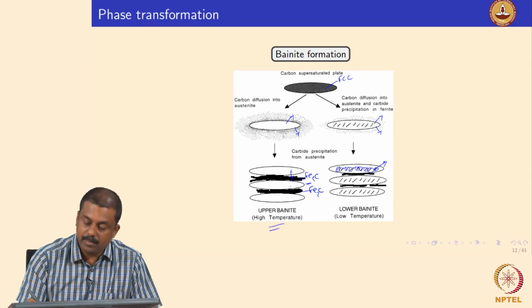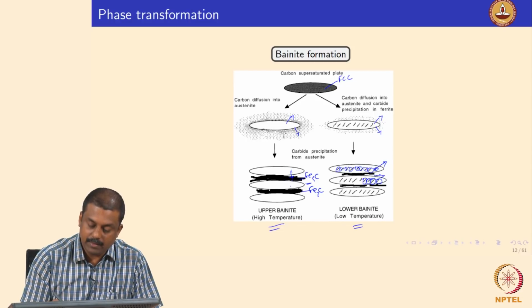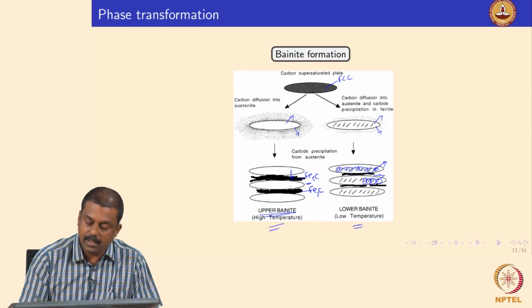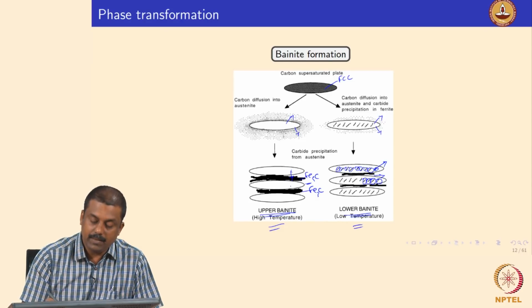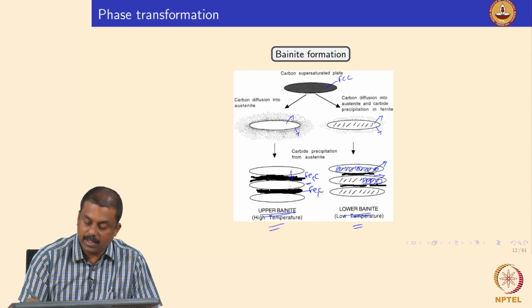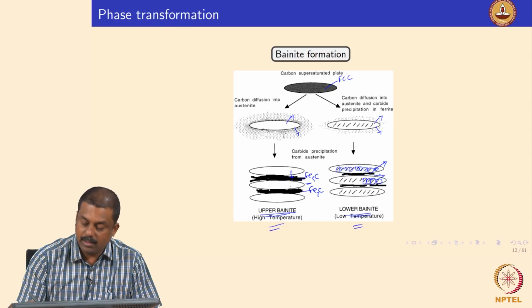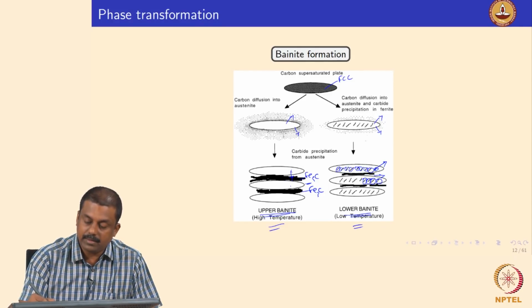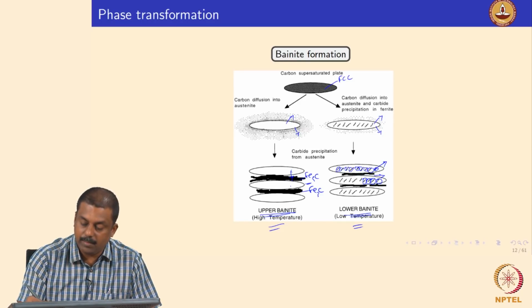Or you may end up precipitating iron carbides inside the lath itself and some amount of interlath cementite as well. Based on the morphology, we term the structure upper bainite or lower bainite. Generally, upper bainite forms at slightly higher temperatures than lower bainite, and because of this temperature difference we are also suppressing the complete carbon partitioning from the formed ferrite to the adjoining regions.